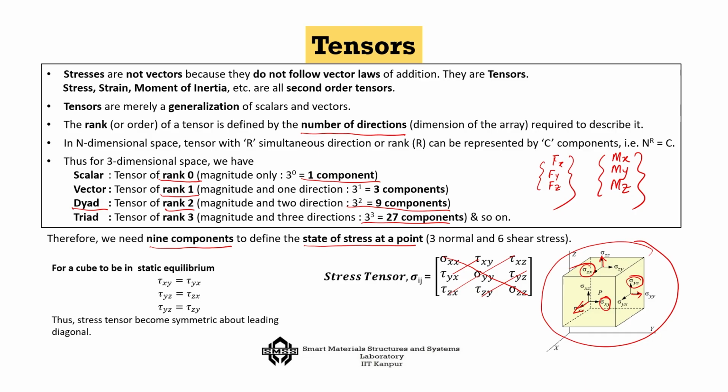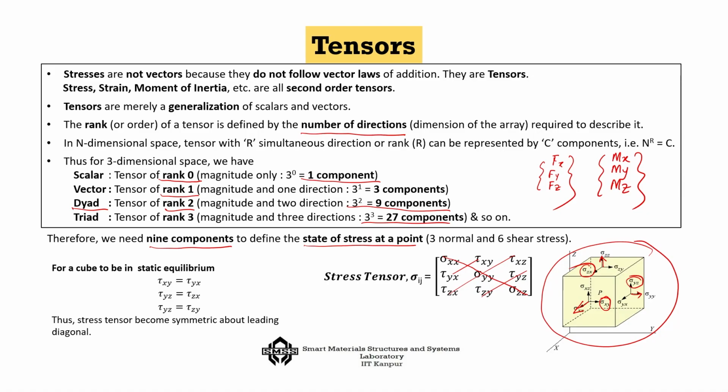The higher level of things will be important when, let us say, I am taking a relationship between two dyads, like your stress is one dyad and your strain is another dyad. So, when you are finding the elastic constants between the two dyads, then you are going to a higher order tensor.